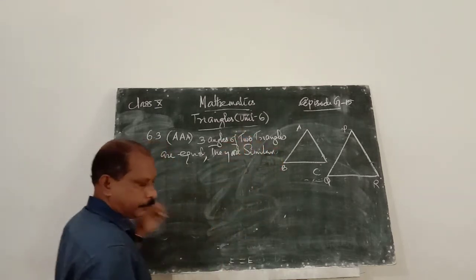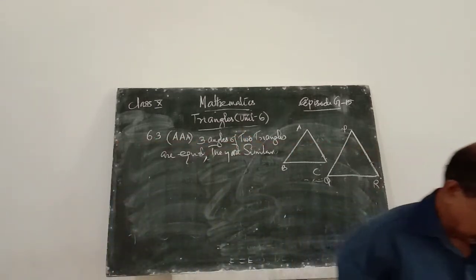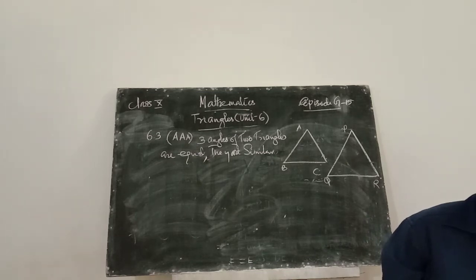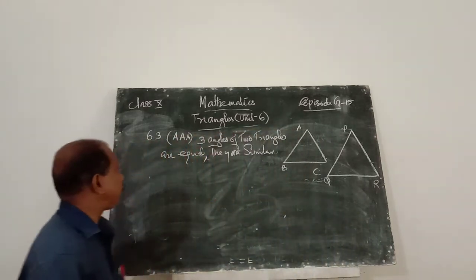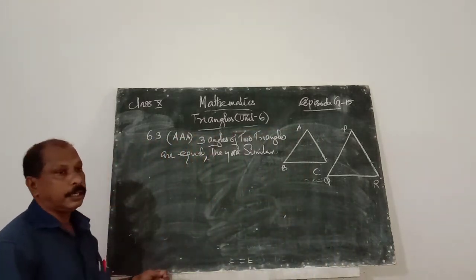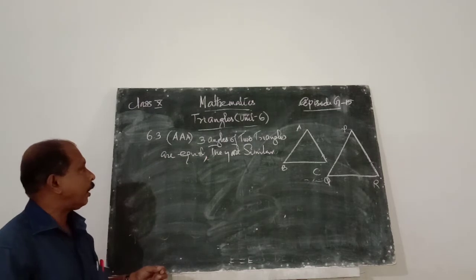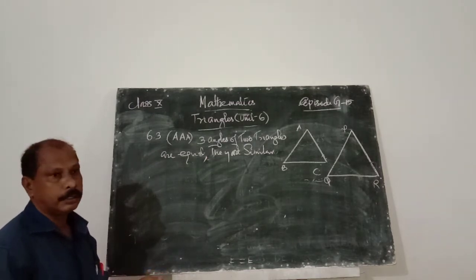They are similar. Clear? That means the third theorem, 6.3: if three angles of two triangles are equal, then they are similar.